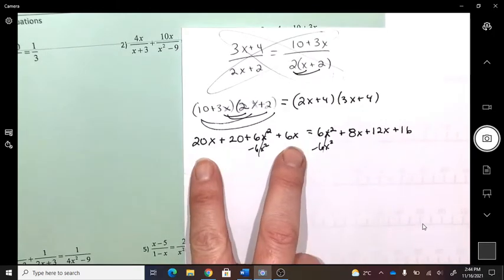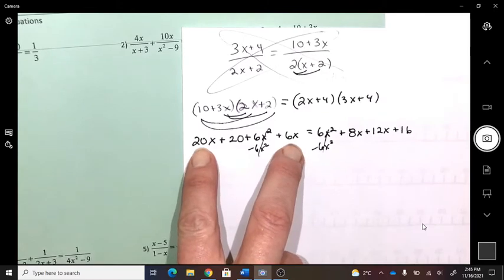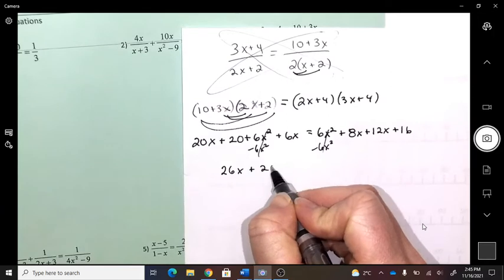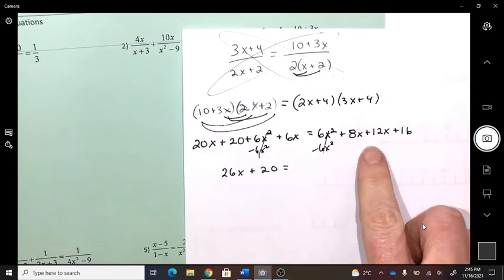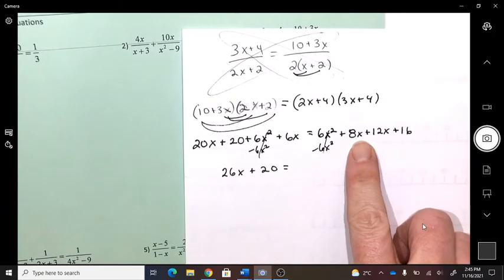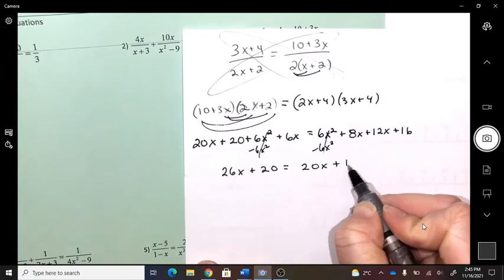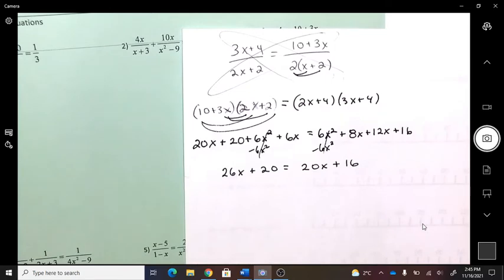Okay, I'm going to simplify this because I'm going to put that together. So 26x plus 20. And on the right side, I can put the 8x, 12x together, right? All right.